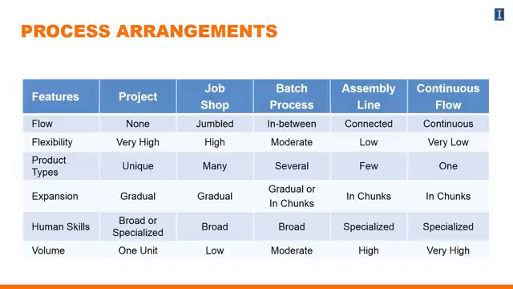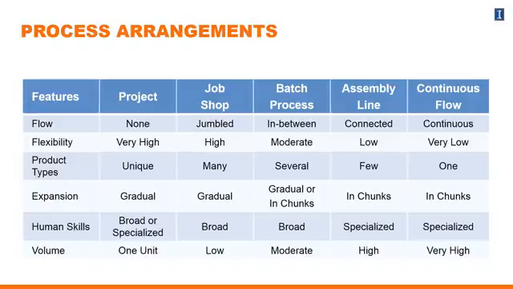The reason you have it in the assembly line is because these are products that require very similar activities being done in exactly the same sequence and in very similar ways. In a continuous flow kind of process, the product type is going to be one product made from one process that has been set up for that particular product.